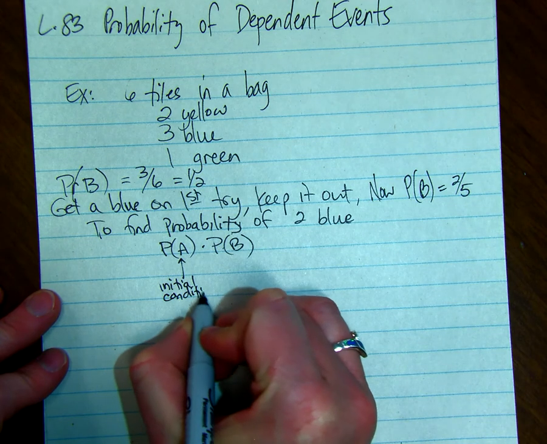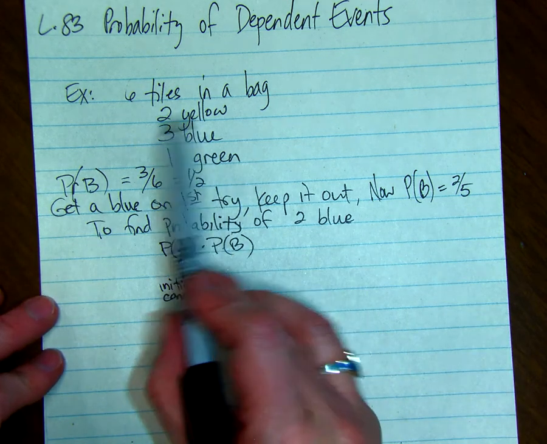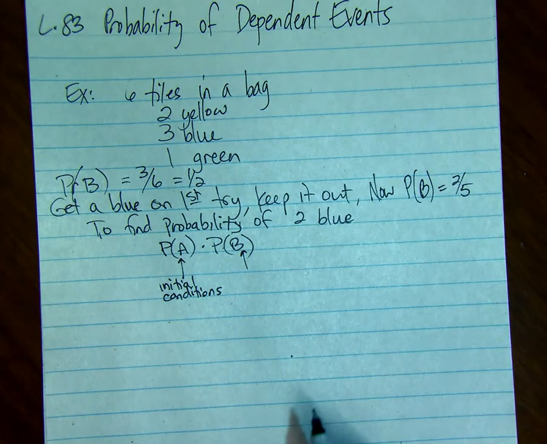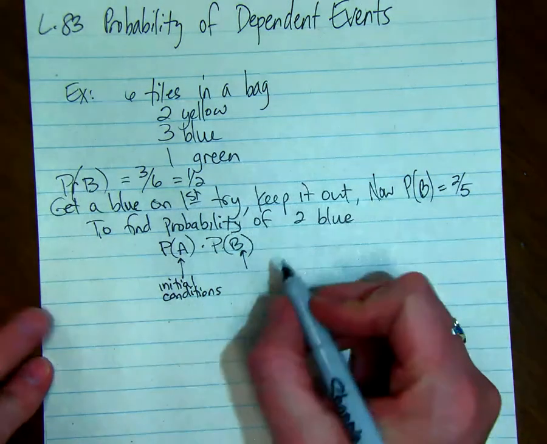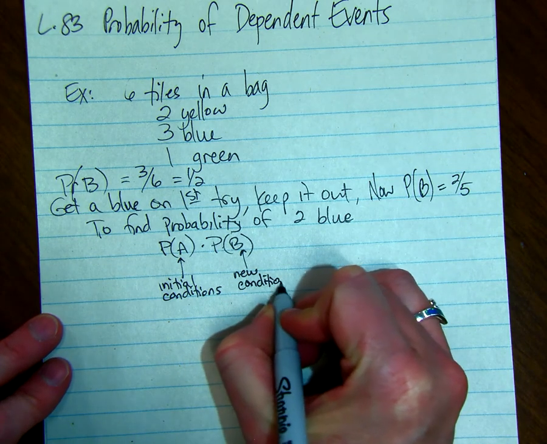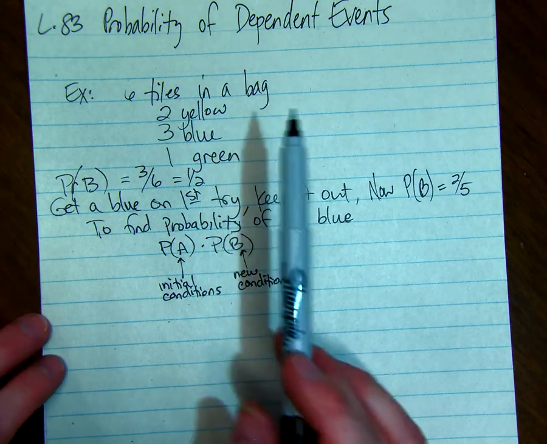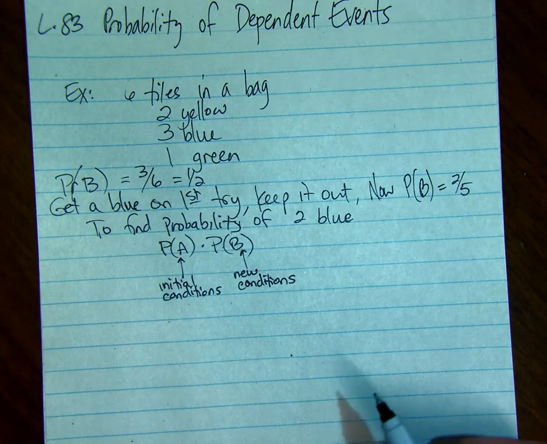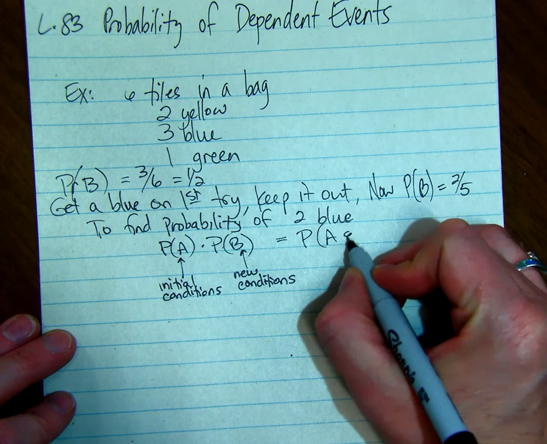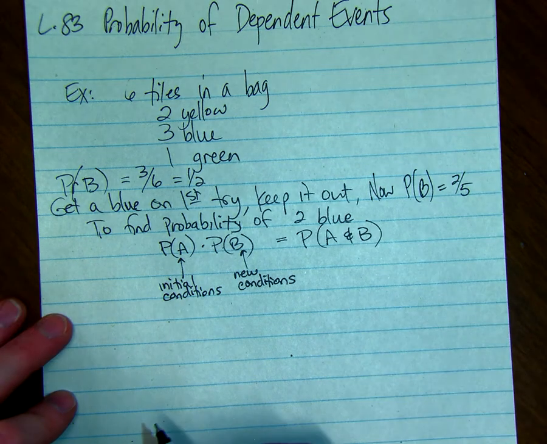That means there's 6 tiles, 2 of them are yellow, 3 are blue, 1 is green. But when we take out a blue and leave it out, this is the probability under the new conditions. That means the new conditions are there's 2 yellow, 2 blue, and 1 green because we took a blue out and left it. So that's going to be the probability of the first and the second.